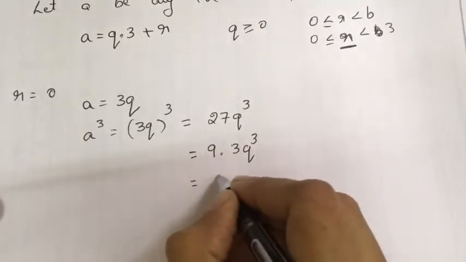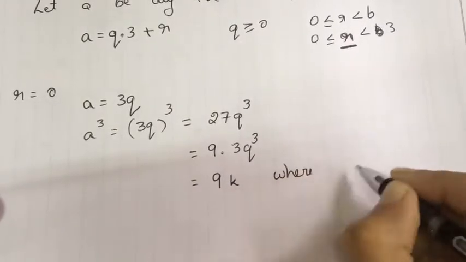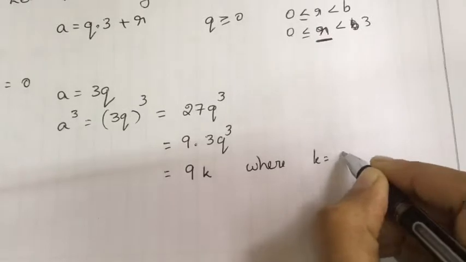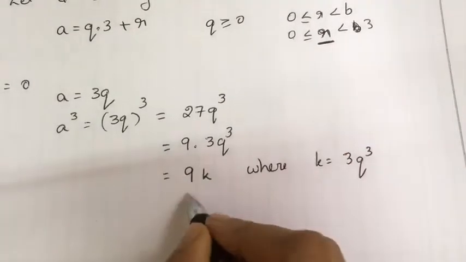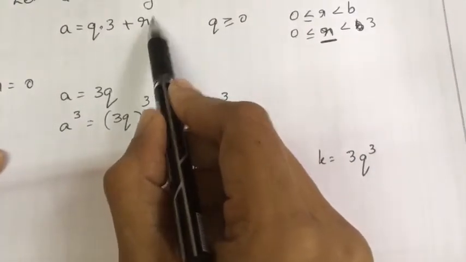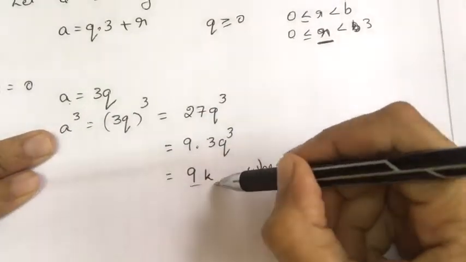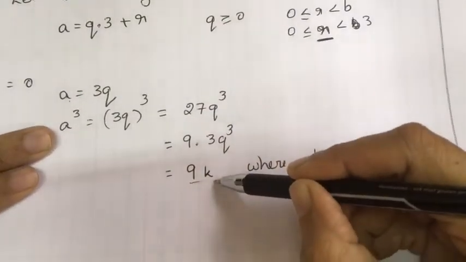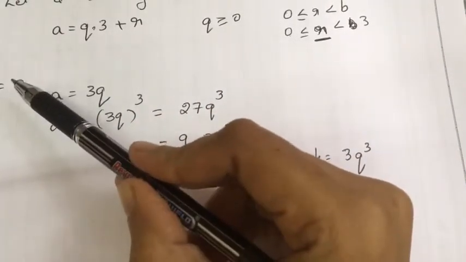This is the same as writing 9k, where k is equal to 3q cube. So when the remainder is 0, the cube of this integer a is of the form 9k. Similarly, I have to prove it for the remainder being 1 and 2.